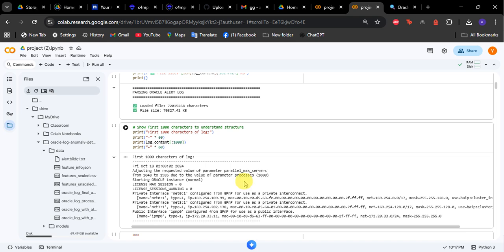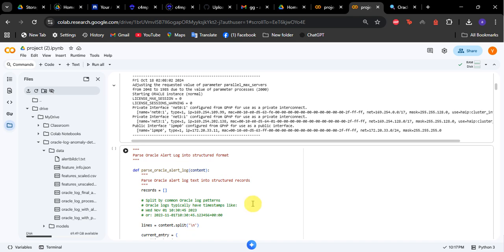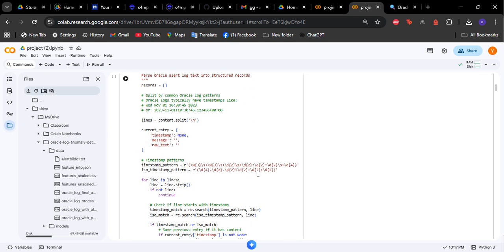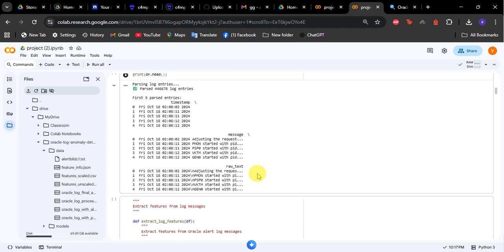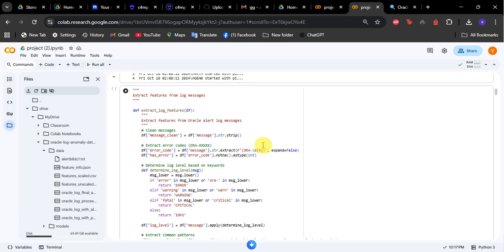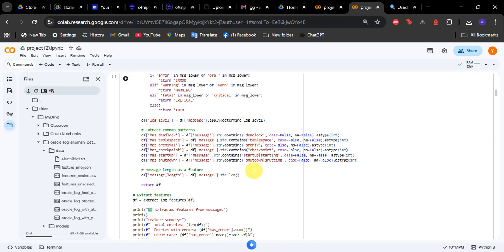I collected the first 1000 characters of logs, and I tried to separate the logs and dissipate them into different patterns. I have the main column, which I divide into timestamp, message, and raw text, taking the exact timestamp, the message, and the raw text into different columns.